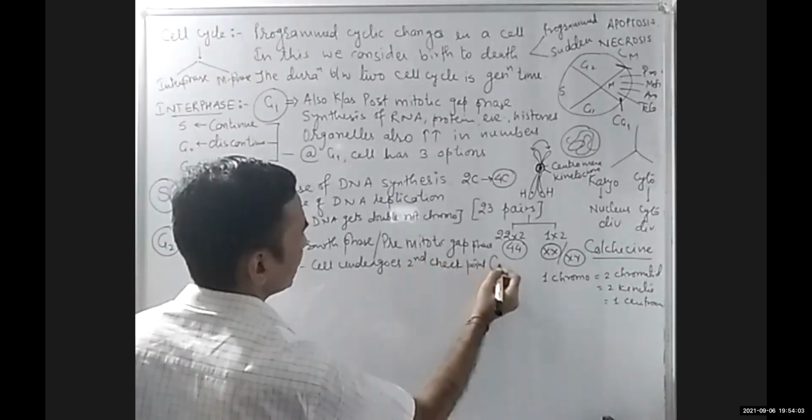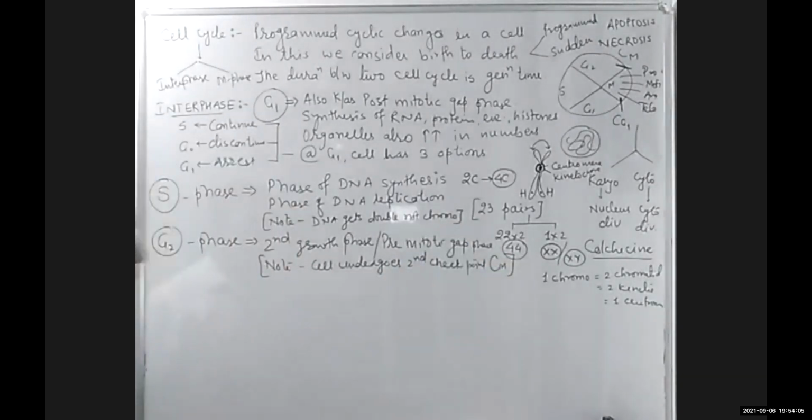CM. CM. Perfect. Now, since we want to study the cell division, we will continue with S phase. G1, S and G2 is done. Now we need to start what? Mitotic phase. Agree?